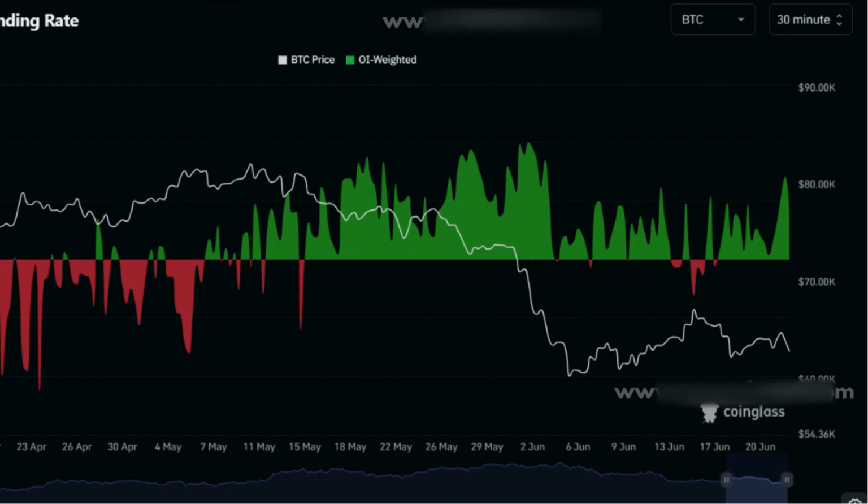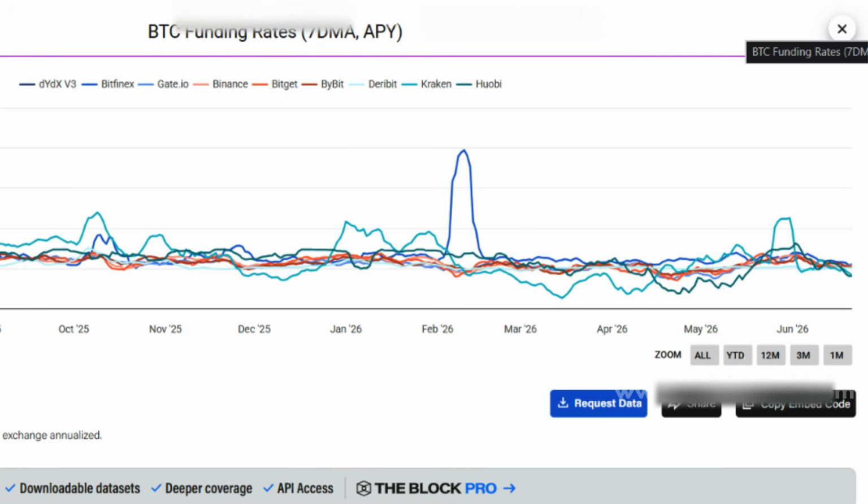Let's go to the 7-day moving average BTC funding rate. The exchange rates are neutral and not considerably below 15%. It's around 2 to 3%. If you go to block.co, you can get the data, and it's not considerably low, only around 2 to 3%.